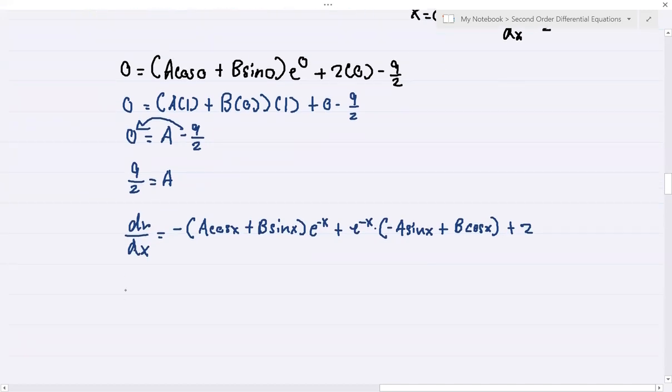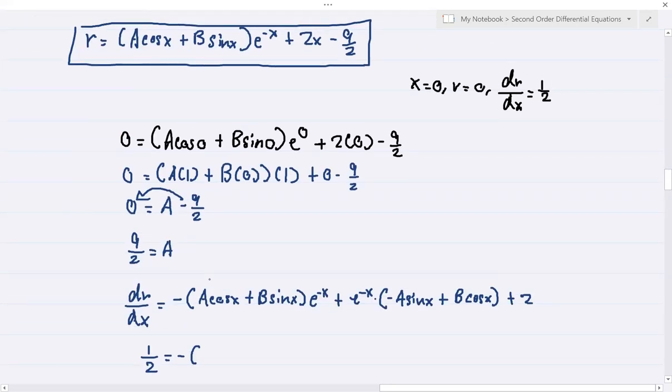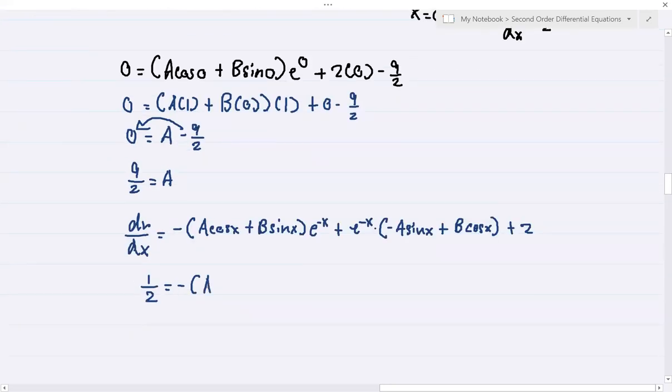Now, let's substitute. Okay? Your dr all over dx is 1 half. And here, there we go. Negative times quantity. So your 0 is in your x. So we have a times cosine 0 plus b times sine 0 times e raised to negative 0.